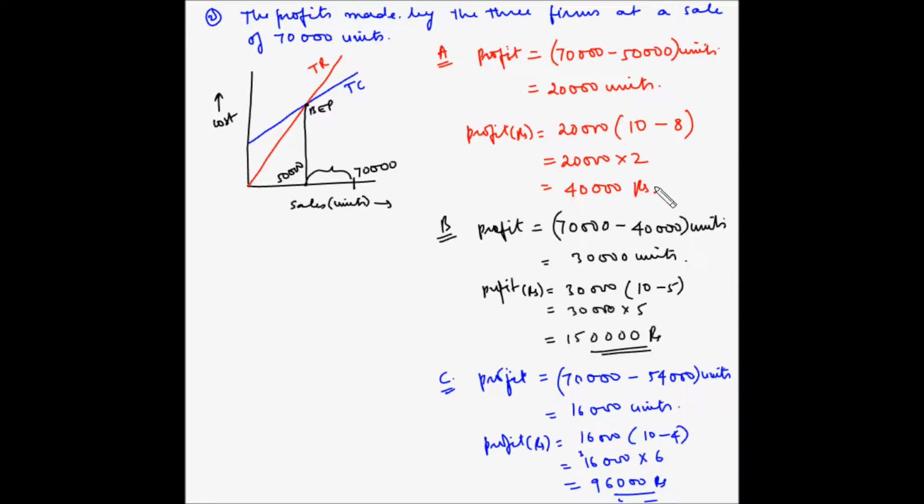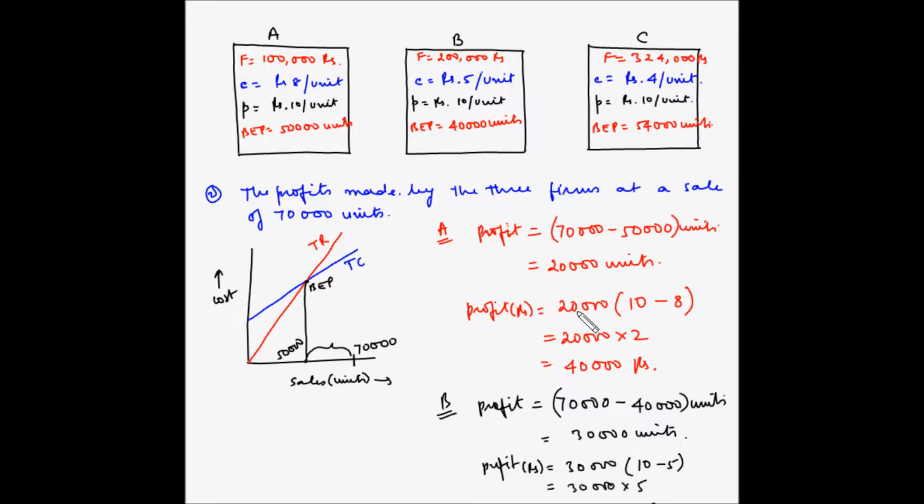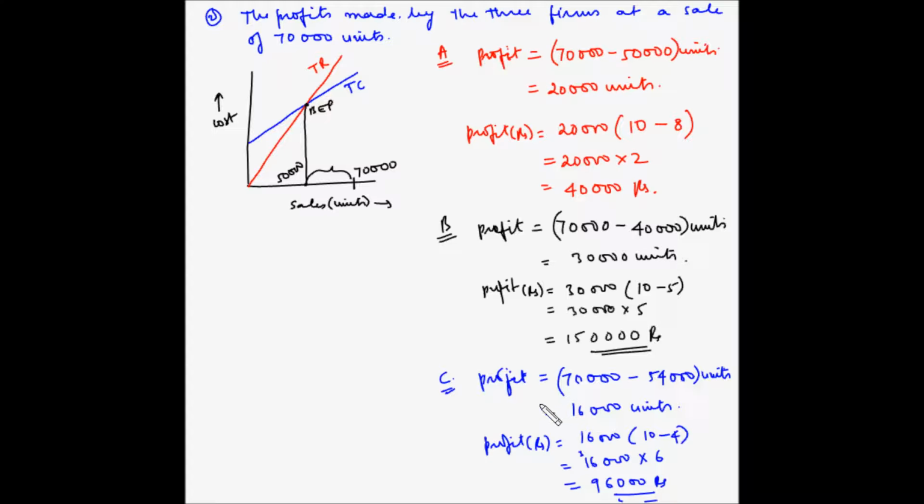In case of firm A, the break-even point is a little higher, but again the margin is very low, 10 minus 8. So profit per unit in terms of rupees is only 2 rupees. While in case of firm C, the break-even point is very high, which is 54,000 units, but the margin is also very high, which is 10 minus 4 equals 6 rupees. So the total profit is 96,000 rupees.